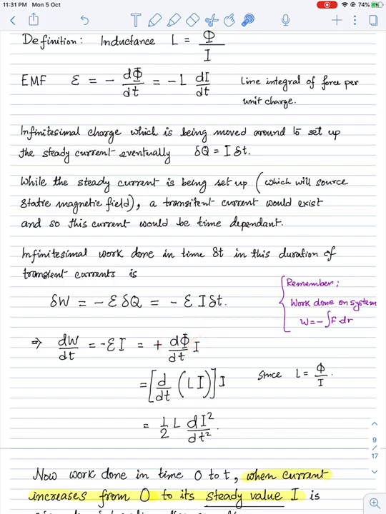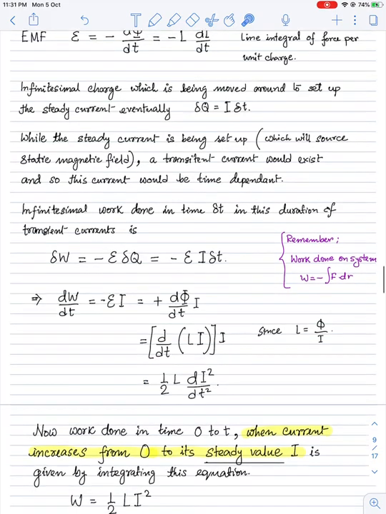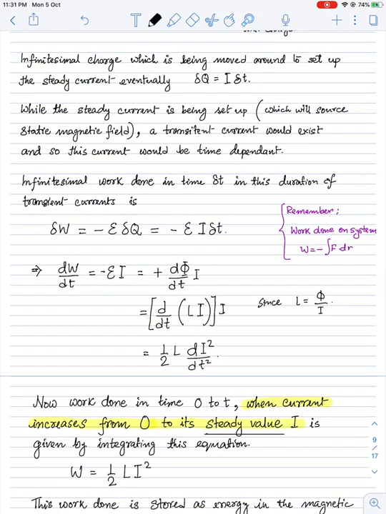EMF is minus d phi dt, so that minus sign cancels, times I. And d phi dt, using the inductance formula, is d dt of L times I. L is a constant which you can pull out, so this is L dI dt times I. I dI dt can be written as half of L times d I squared dt. Sorry, dI dt, you know what I mean.